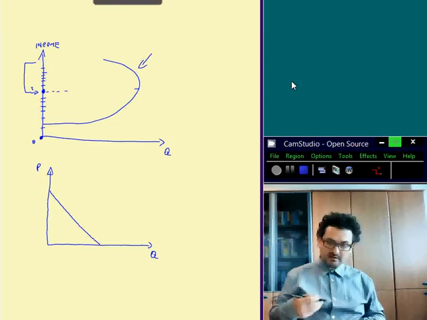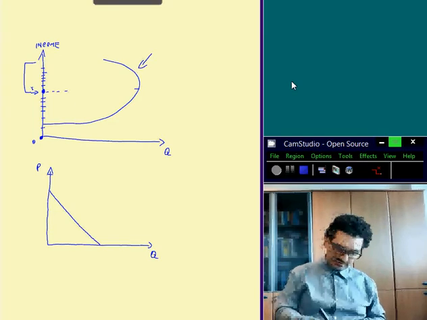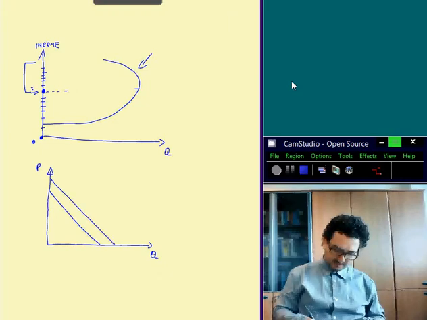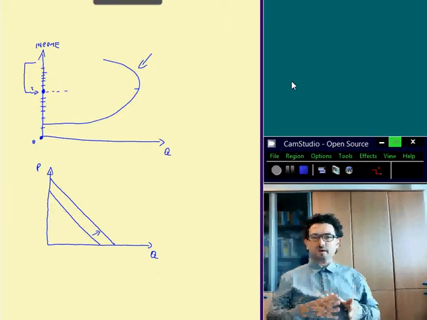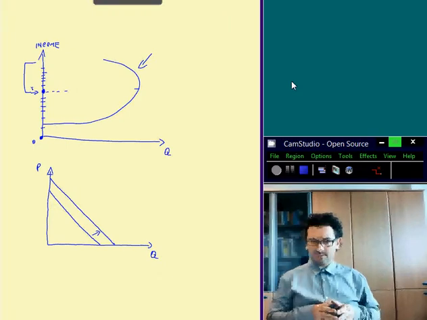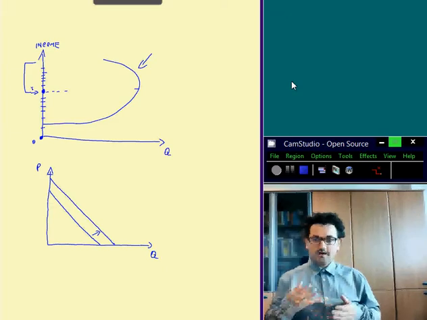In the case of normal goods, the effect of an increase in the average level of income is a shift on the right of the demand. Because for each level of price for this normal good, for instance, again the demand for coffee, we have a higher level of the demand given the increase in income.